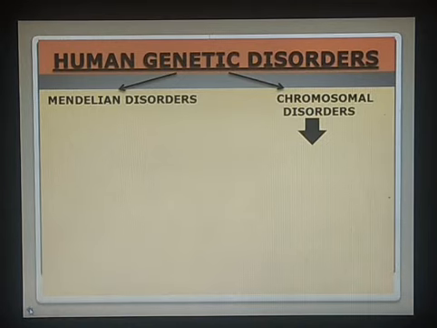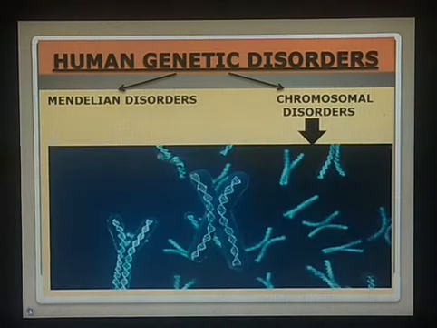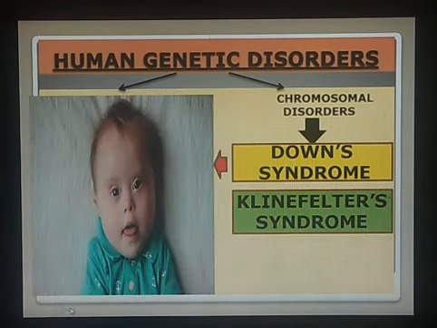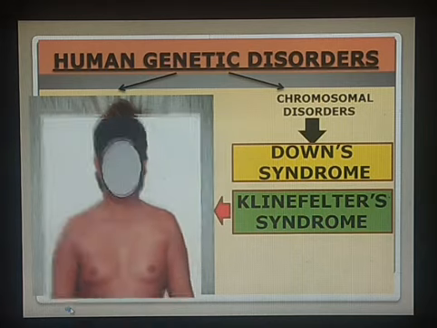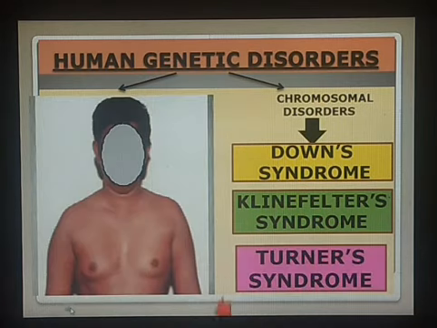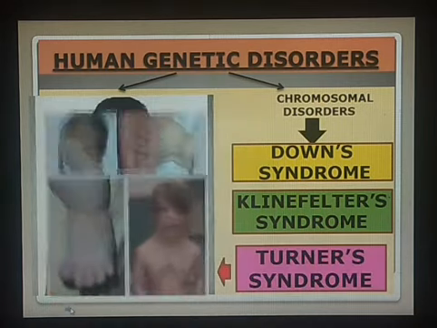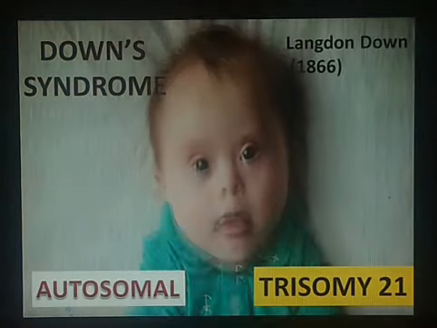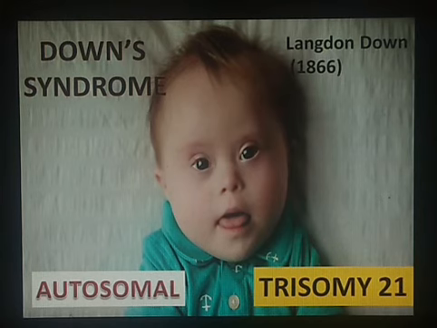So today we will learn three types of chromosomal disorders, namely the first one, Down's syndrome; second, Klinefelter's syndrome; and third, Turner's syndrome. Down syndrome is an autosomal type of syndrome.